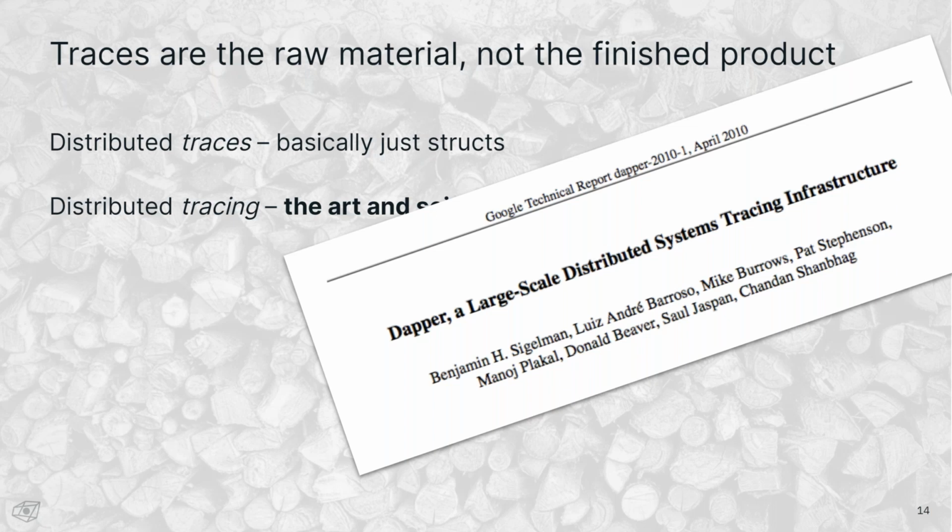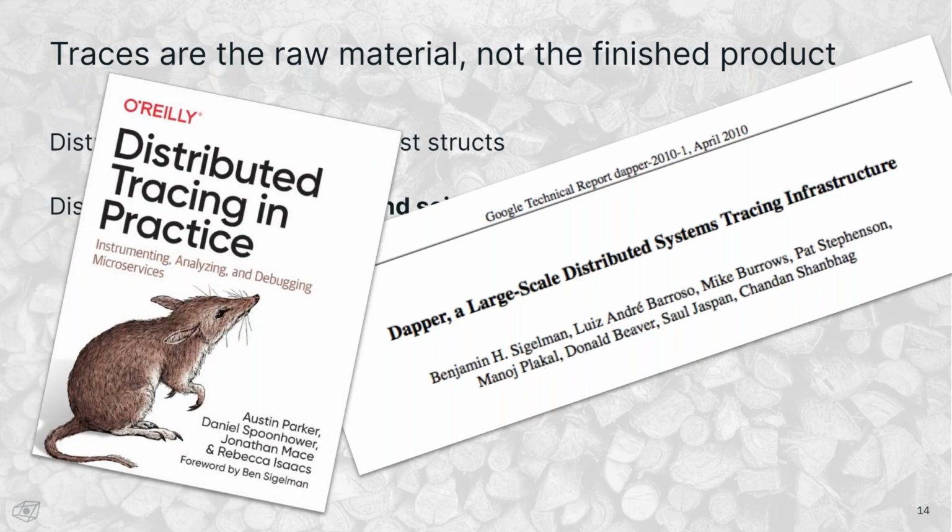I want to say from talking to them, this was built in the mid 2000s, even earlier than the paper, and it's still in production there today. A lot of the stuff in this paper is 10 years old now, but foundationally, it's what comprises most distributed tracing tools on the market today. And I'll also throw in a plug for the book, which goes into a lot of what I'm talking about in more detail.